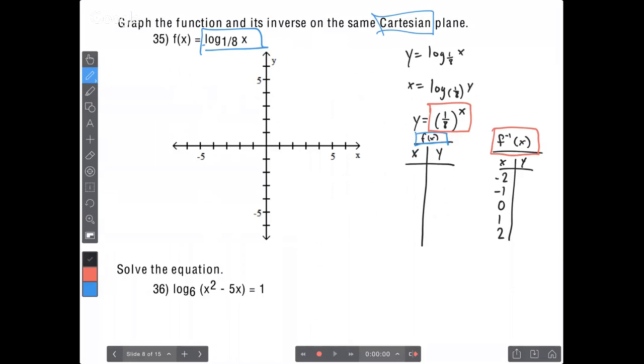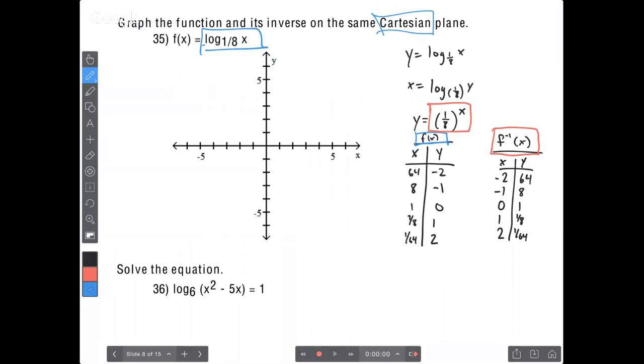Well, 1/8 to the -2 is 64, 8 squared. 1/8 to the -1 is 8. 1/8 to the 0 is 1. 1/8 to the first power is 1/8. And 1/8 to the second power is 1/64. Switch them for the original function. So 64, -2, 8, -1, 1, 0, and 1/8, 1, and 1/64, 2.